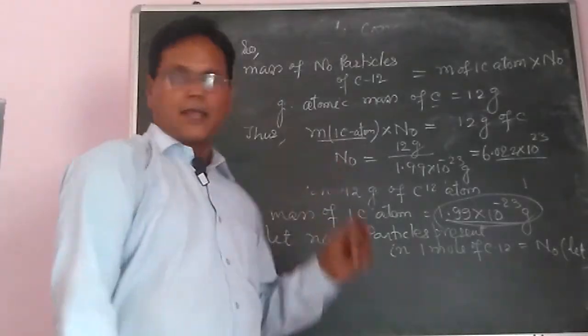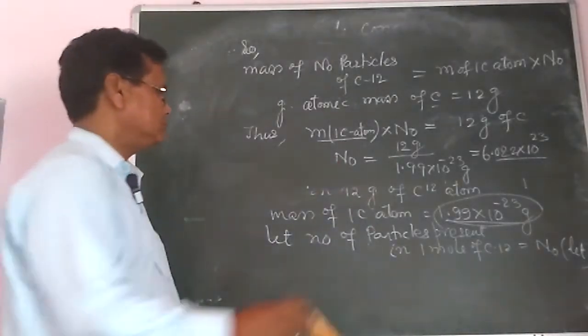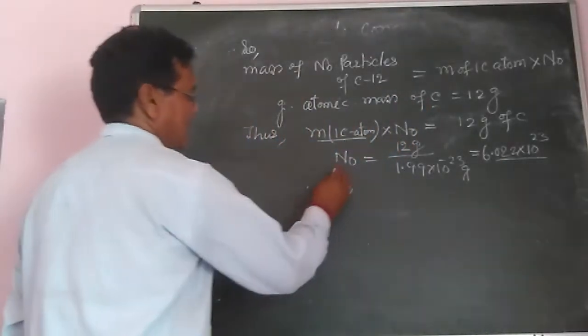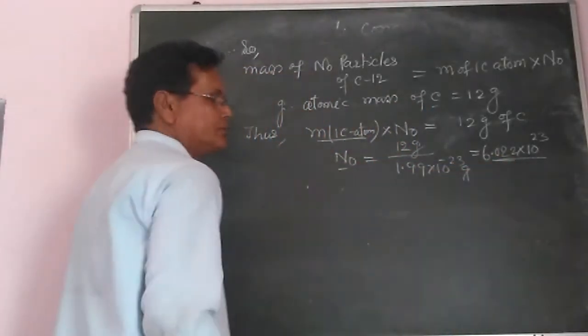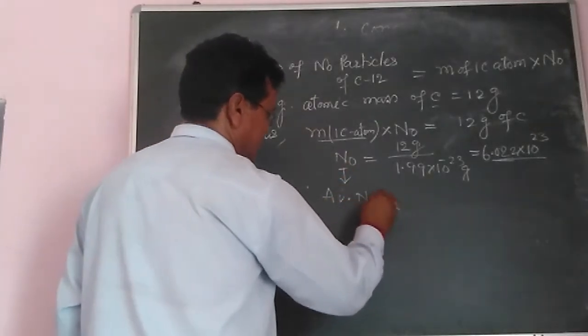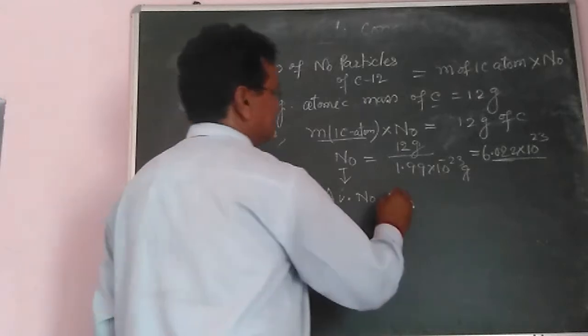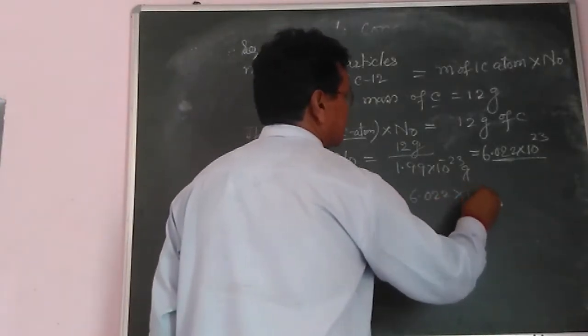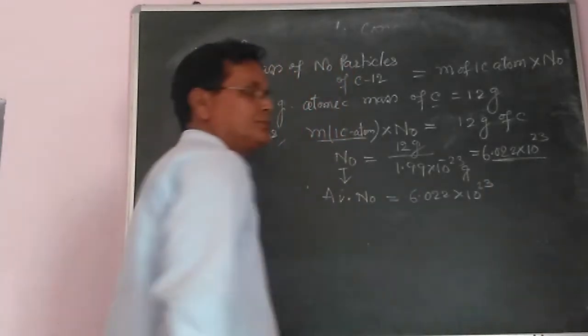It means this N0 we have got is called Avogadro's number, and it is equal to 6.022 into 10 to the power 23.